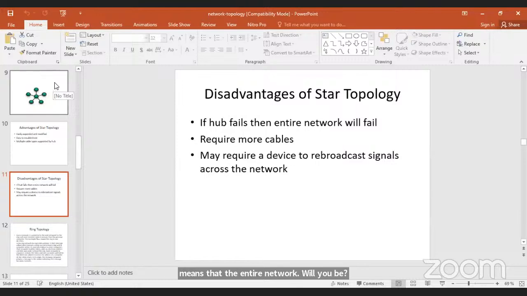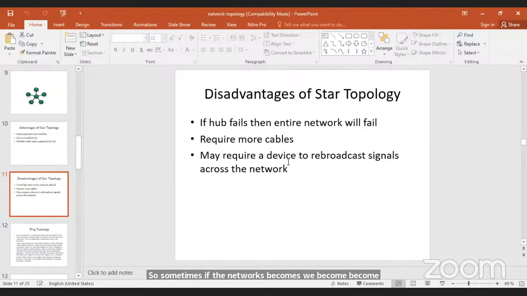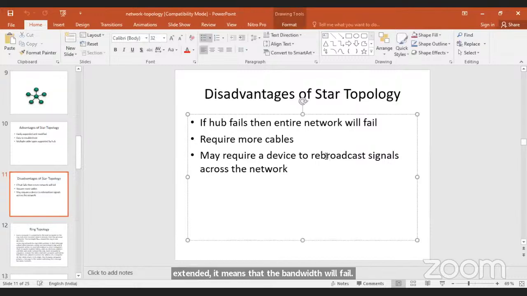Sometimes if the network becomes extended, the bandwidth will fail. So you need to have something like a repeater, or something like an amplifier to amplify the signals if you want to extend the signals.